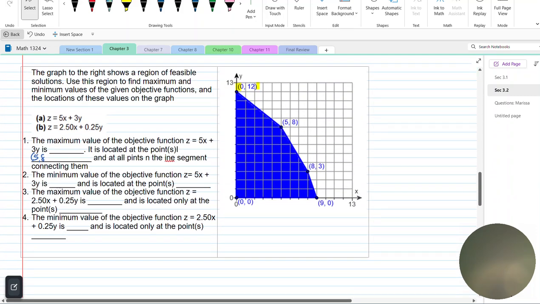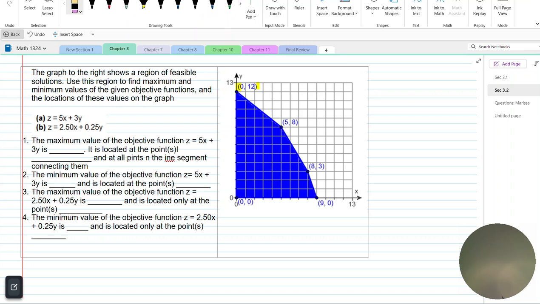All right, we've got another one, and it's got constraints. I'm not going to go into the whole detail of everything, but we're going to talk about our values. So our points are, and those are the vertexes, and it doesn't matter how we write them, just so long as we write them: 0 and 2, 5 and 8, 8 and 3, 9 and 0, and 0, 0.